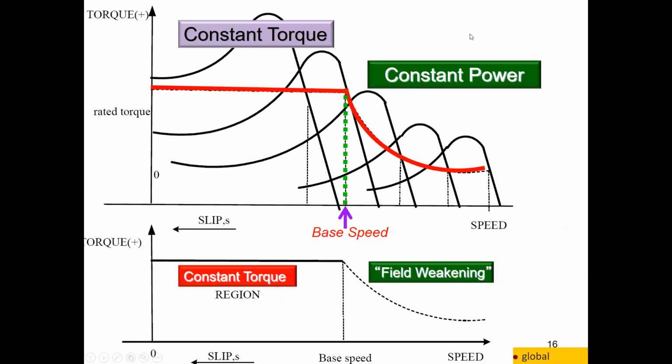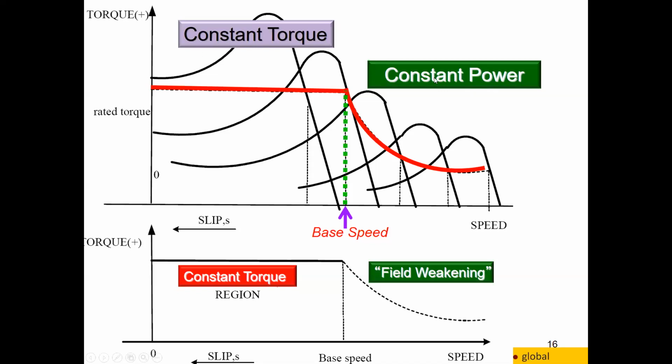Okay, so this graph shows two regions of the motor operation. We can divide the motor operation into two regions. The first one is the constant torque region and the second one is the constant power region. If you want the motor to produce a constant torque in operation, you need to always operate in this region.